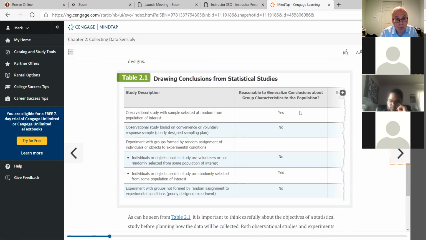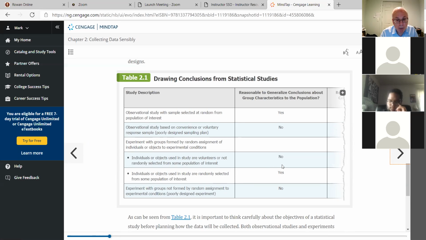Well, that has to do with whether you collected a random sample from the population. Notice if you collect a random sample, the answer is yes. For an observational study, it's only yes for an experiment if the people who were selected for the study were selected randomly for the study. All right.